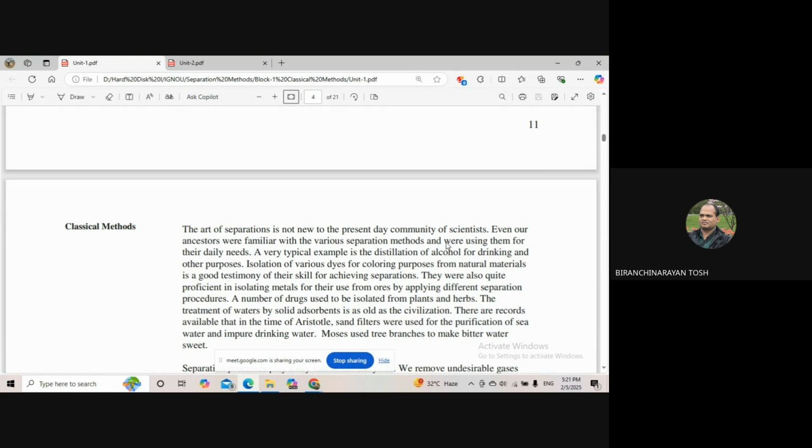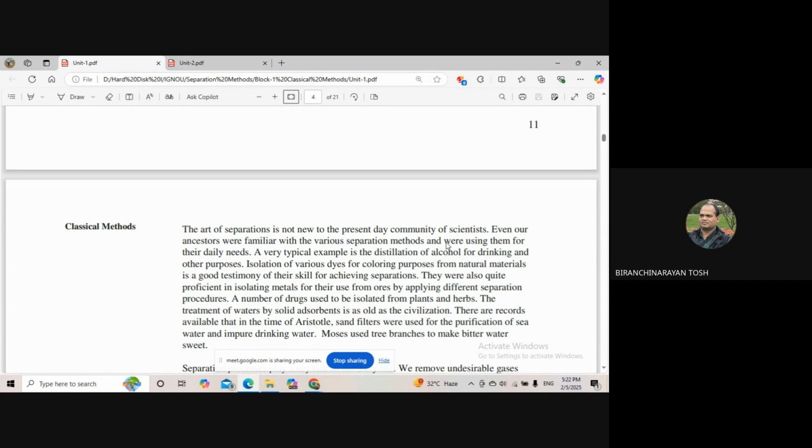We remove undesirable gases and particles from the air we breathe. The municipal drinking water undergoes several purification steps. It is well known that the identification and removal of contaminants from food are largely possible due to separation process.